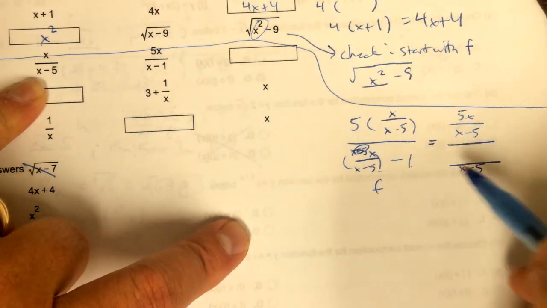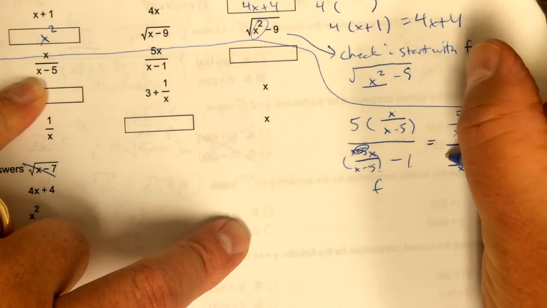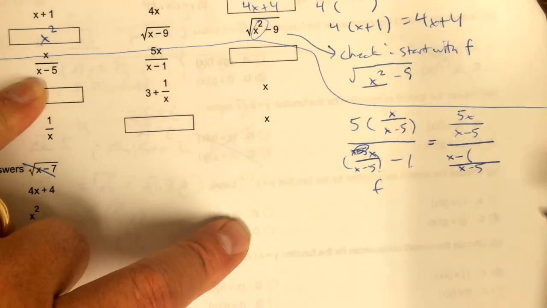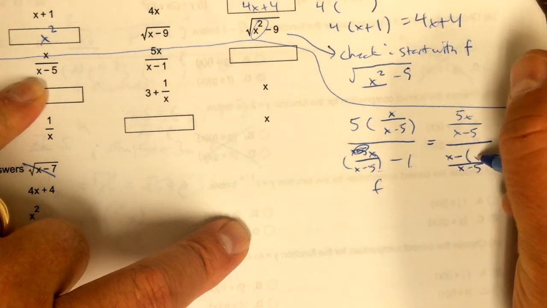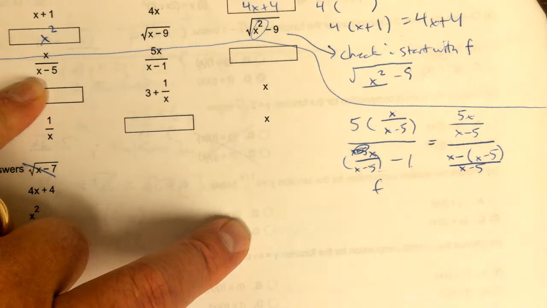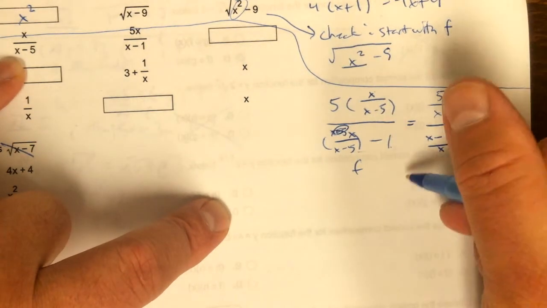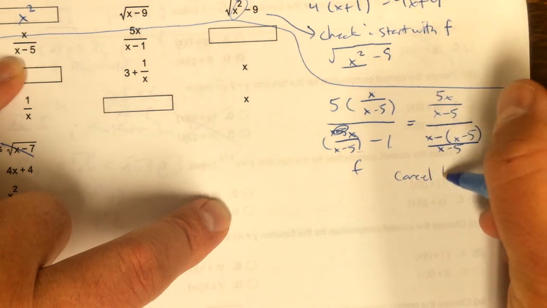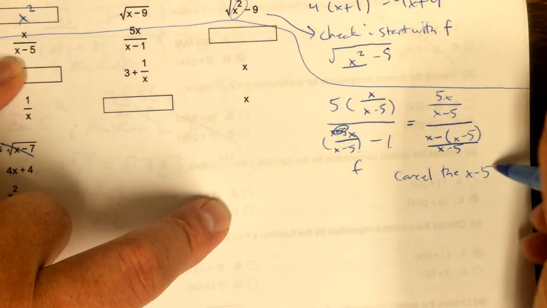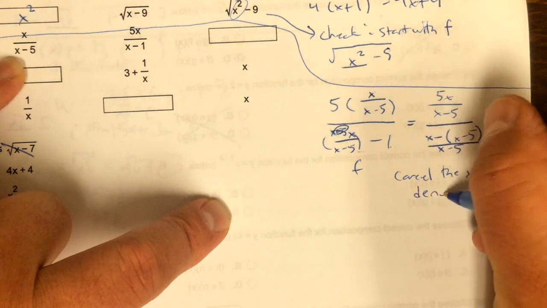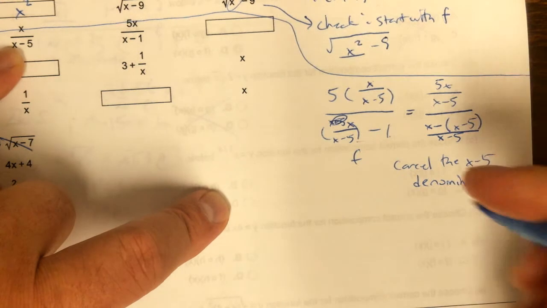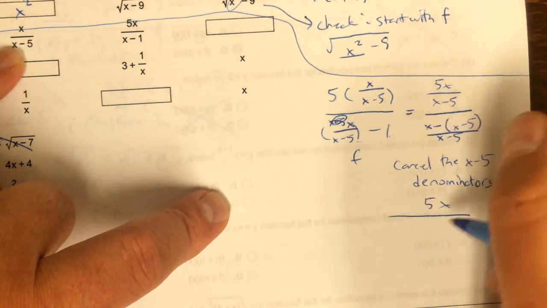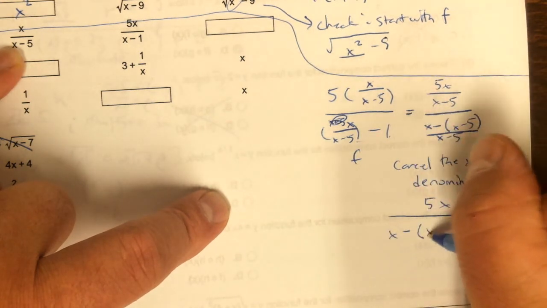In order to get that, I need the same thing on top and bottom, so this would have to be x minus 5. Now, the reason for doing that is to cancel the x minus 5 denominators. So that would give us 5x over x minus parentheses x minus 5.